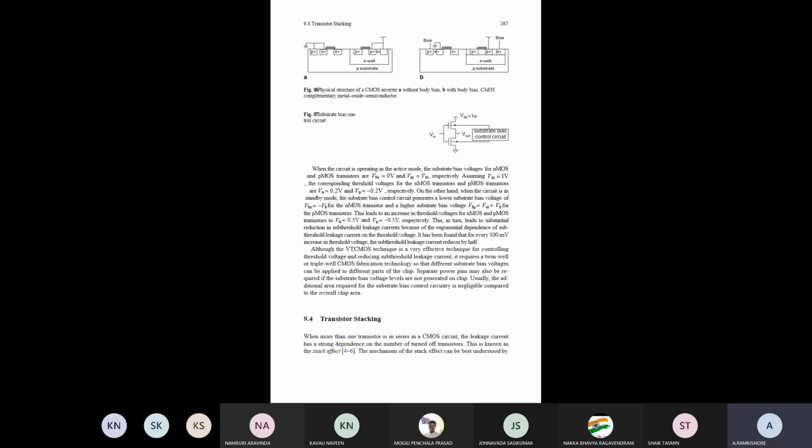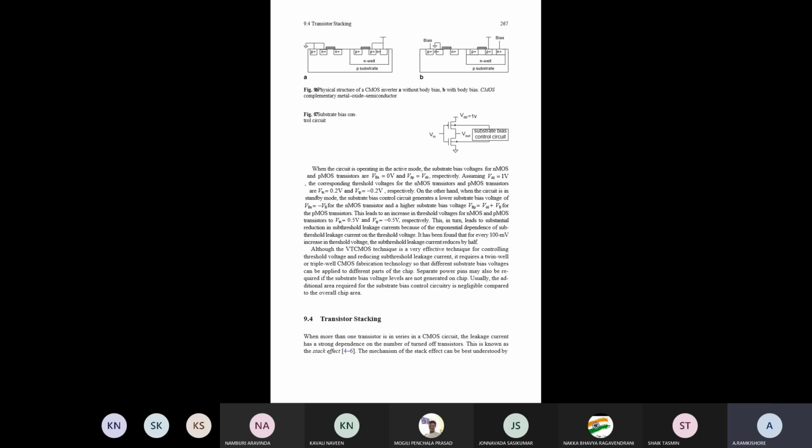Whenever we are maintaining the variable threshold levels of that circuit, we have to minimize the leakage power, which will be related with different MOS circuits used in a specific integrated circuit. So next we'll see transistor stacking.